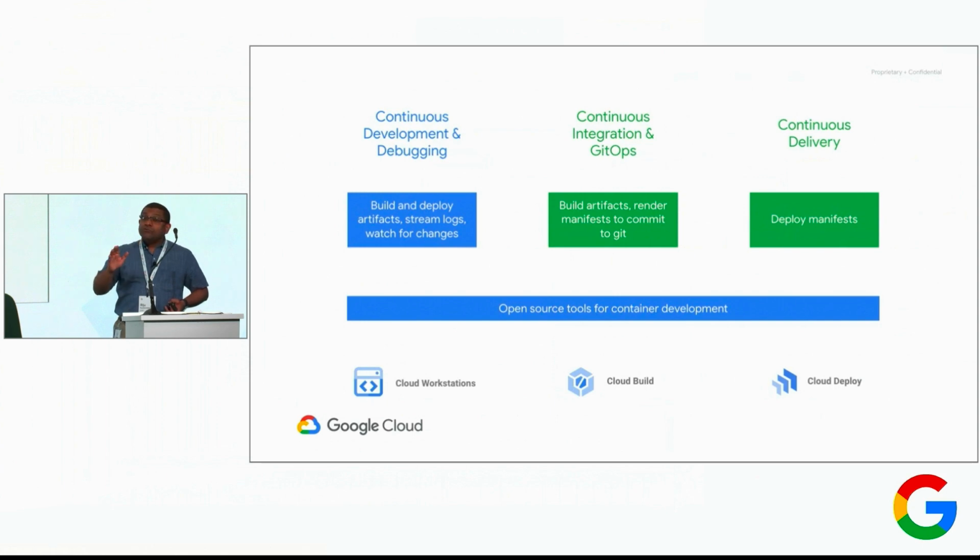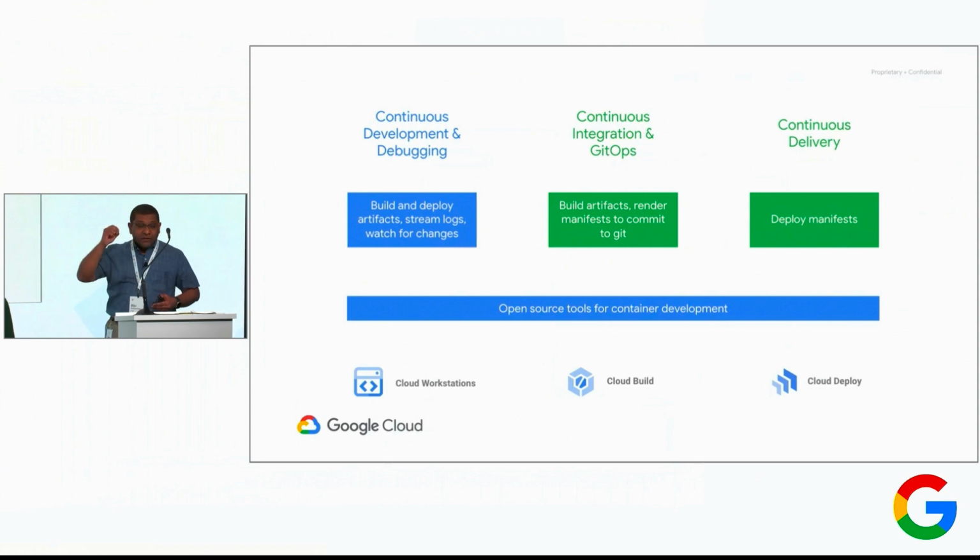If any of you have gone through the pain of using Jenkins, installing just the right plugins, creating a pipeline, only to find that that pipeline doesn't run in a different Jenkins environment because you're missing some plugin that you require in a different environment, right? For you, Cloud Build is the solution. It's a serverless build tool. All you do is provide your build script to it. It will scale out and run your script as required, right? So nothing to operate. You just provide your build script and it runs it for you.